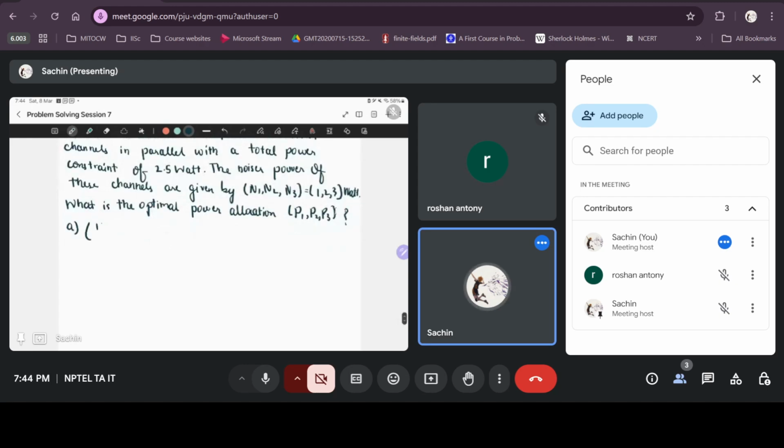And the options are: option A, 1 by 6, 2 by 3, 0 in watts; option B, 2, 0.5, 0; Option C is 1.75, 0.75, 0. Option D is none of the above.